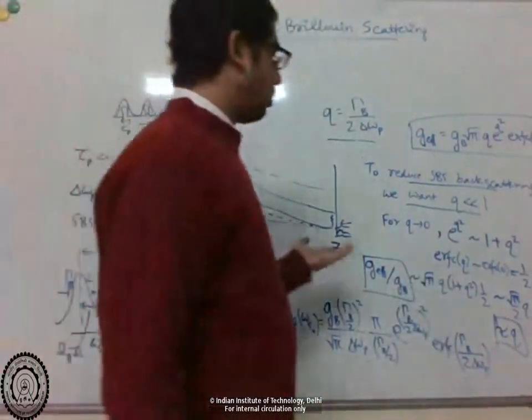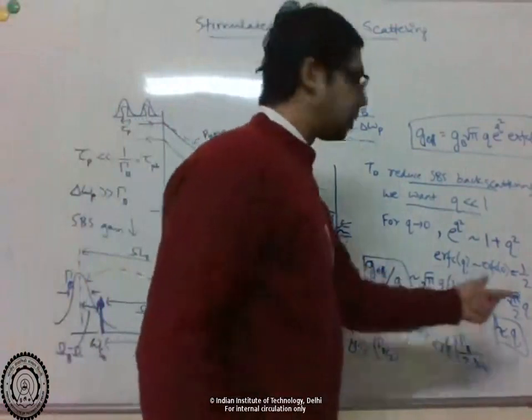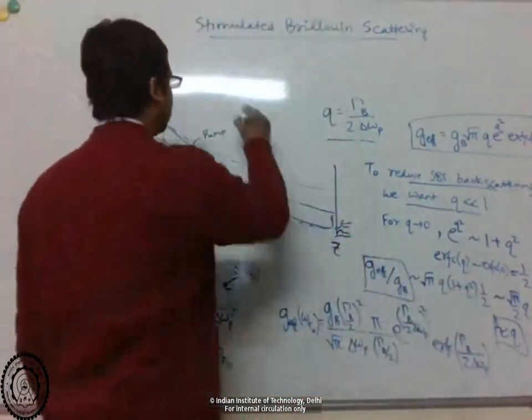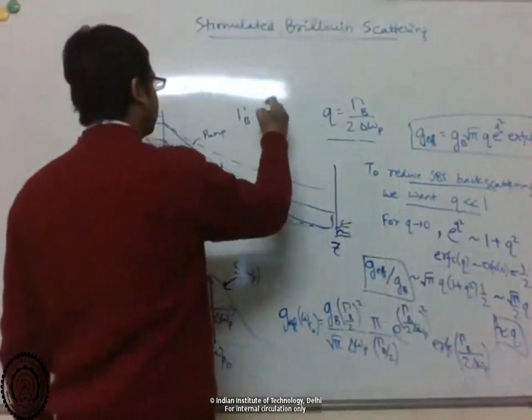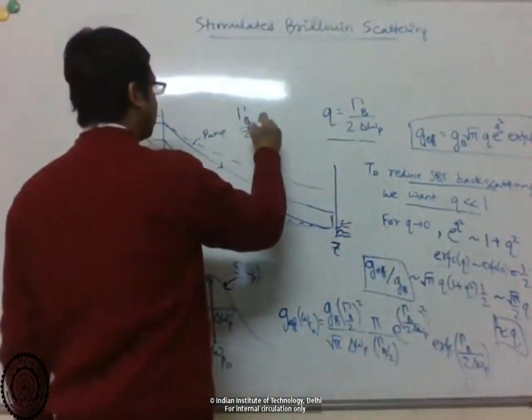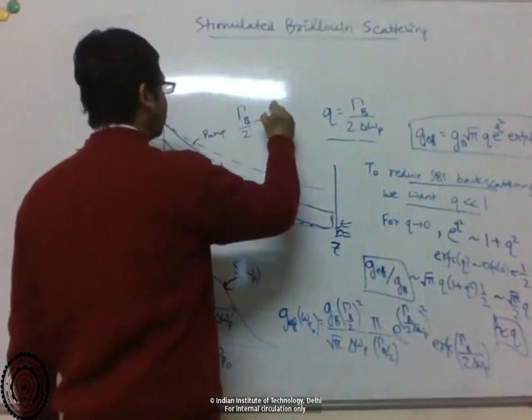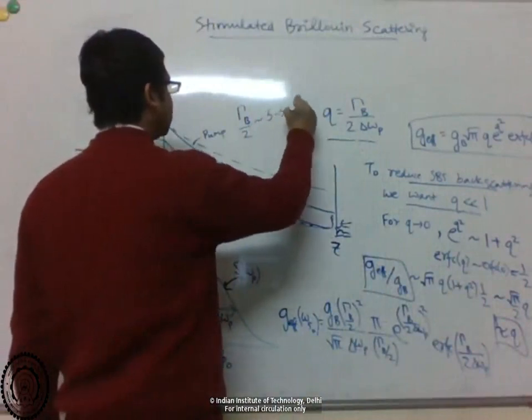And if it's 1 by 10, then it goes down by 1 by 10. Remember this gamma b, or gamma b by 2, was roughly in the range of, let's say, 5 to 50 megahertz.